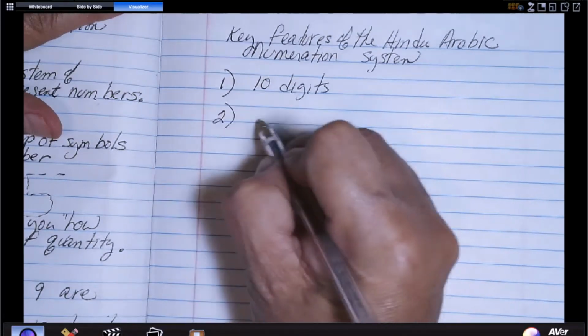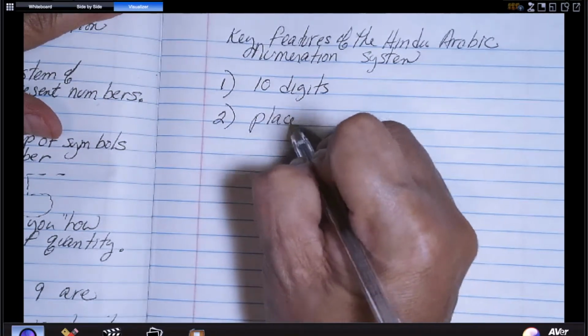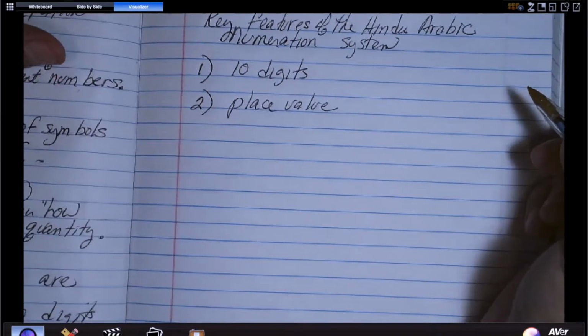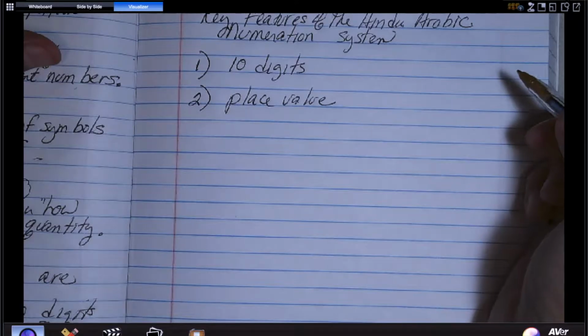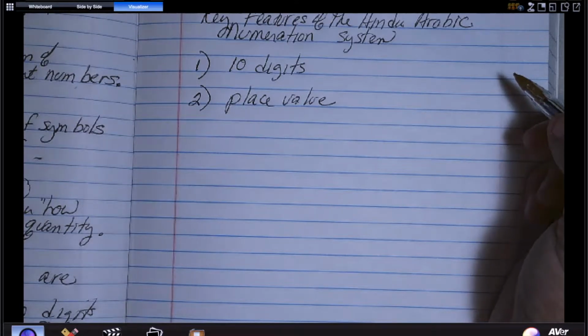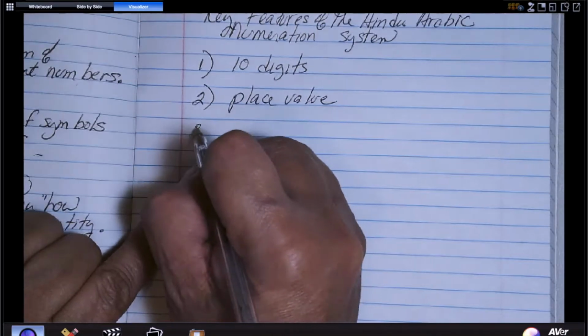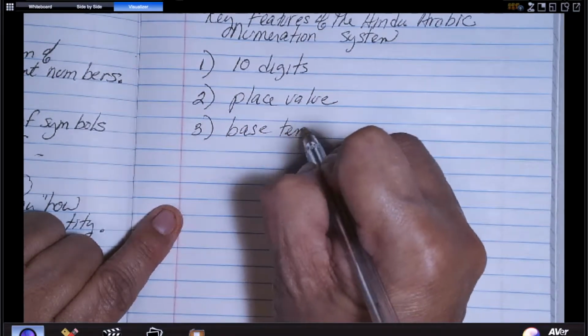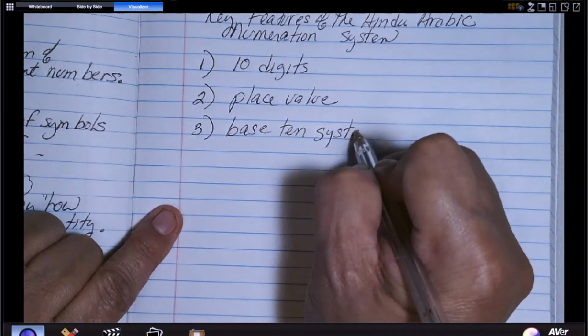Our number system has place value: ones, tens, hundreds, thousands, and so on. It is also referred to as the base 10 system because everything is in groups of 10.